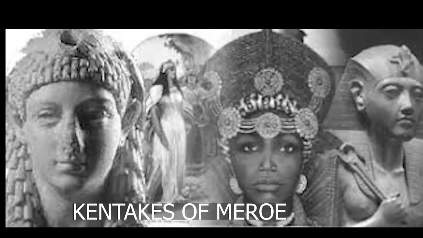The title of the queen was Kentic, which has over time been Latinized into the name Candace, which most likely meant Queen Mother or Queen Regent. And there were at least 7 Kentics recorded between 284 BC and 115 CE or AD.